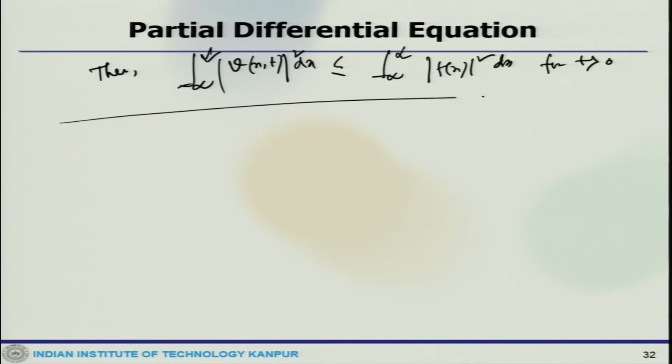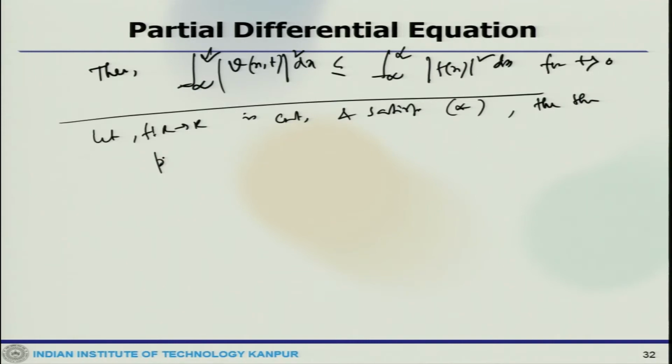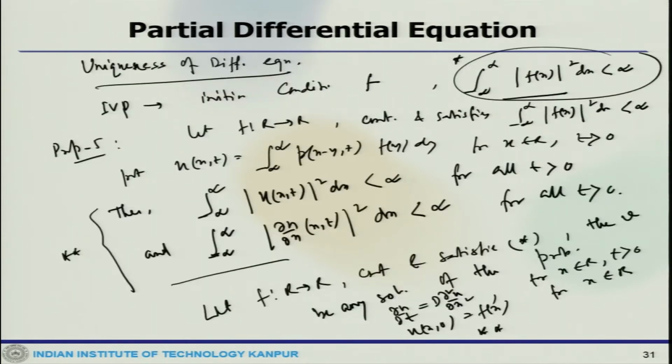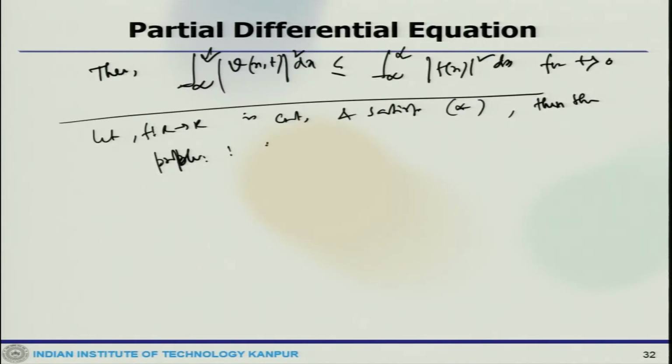Similarly, we can say that if f is continuous and satisfies that equation, then the problem which is defined here, let us say A, has at most one solution.